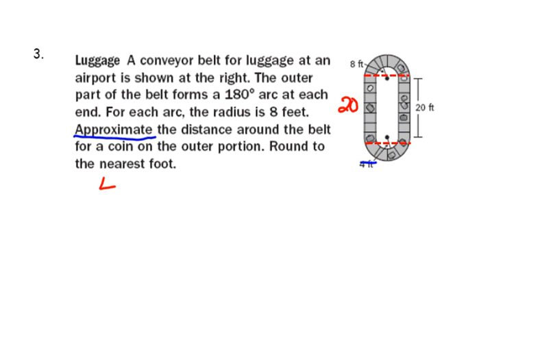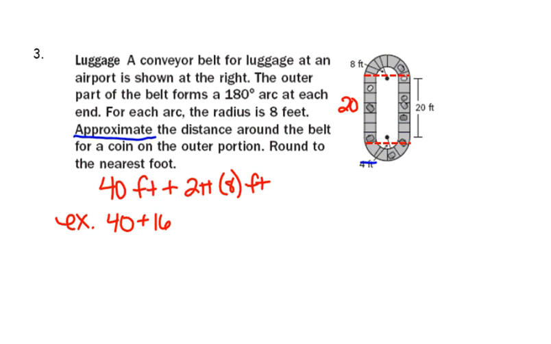So basically what I have going on is I have 40 feet of straightaway plus a circle, which is, since we're talking about the distance around the circle, circumference. So my radius is 8, so it's 2 times pi times 8 feet. So if it were asking me for the exact answer, then I would say that it is 40 feet plus 2 times 8 is 16 plus 16 pi feet.